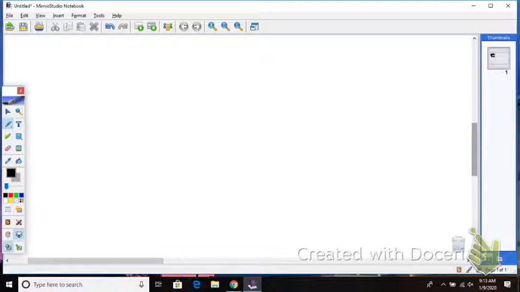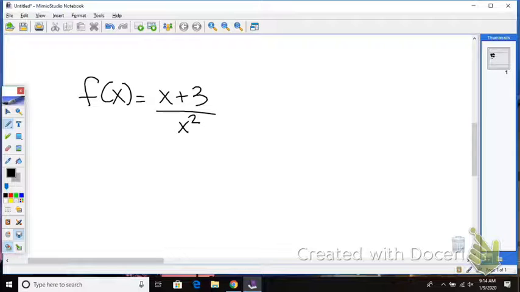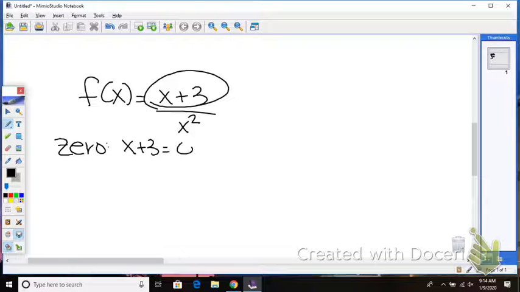Let me give you another one. How about f of x equals x plus 3 over x squared? All I care about right now is finding the zero, or the point on the graph. So I'm going to take the numerator, x plus 3, and set that equal to 0, and you get x equals negative 3.